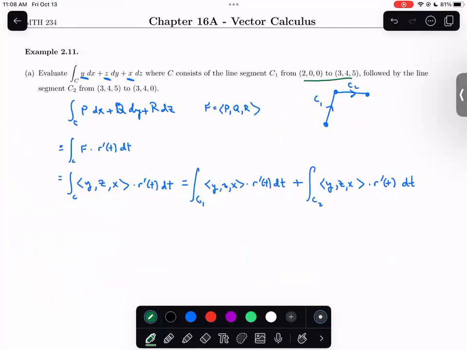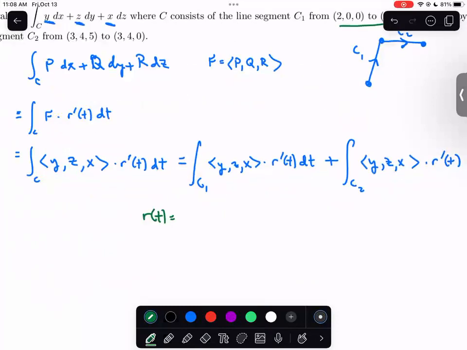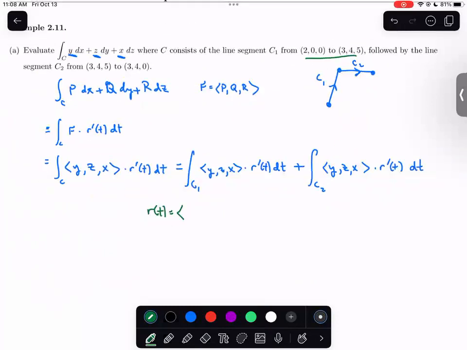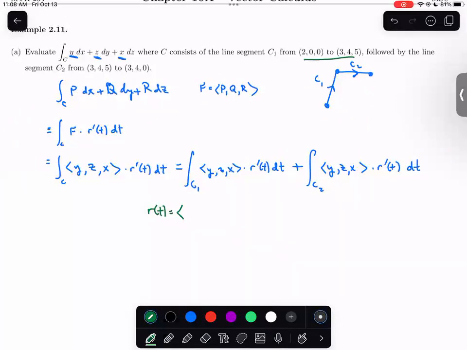So if I want to parameterize this line segment, let's do the first one here. r of t would be equal to, and we need our direction vector, and we need our point that we start at. So I'm going to use 2, 0, 0 is where we're starting.